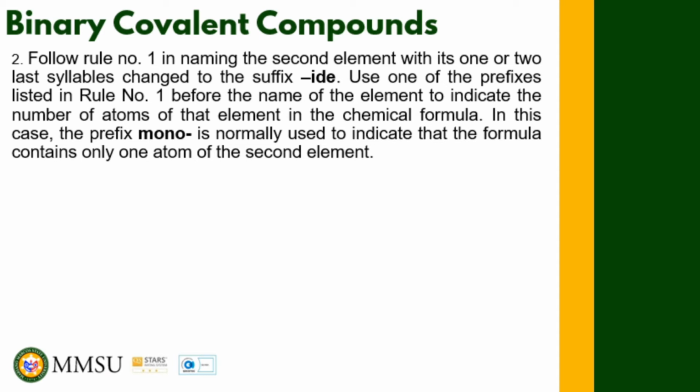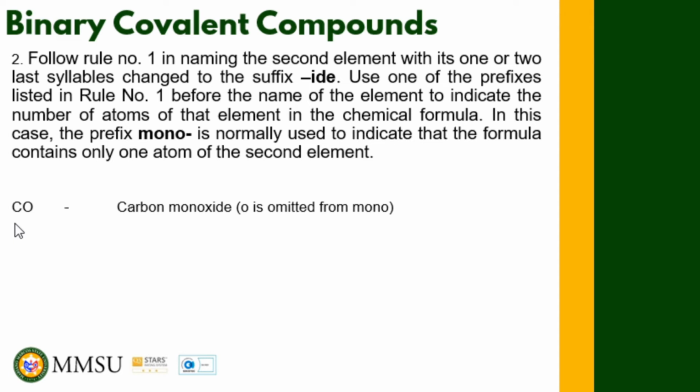So, pag yung mas naunang element natin has a subscript 1, di natin siya lalagyan ng mono. So, tsaka lang tayo maglalagay ng mono kapag yung element natin is the second element in the chemical formula. So, example, this one. CO. So yung subscript niya is 1 and 1 for the second.